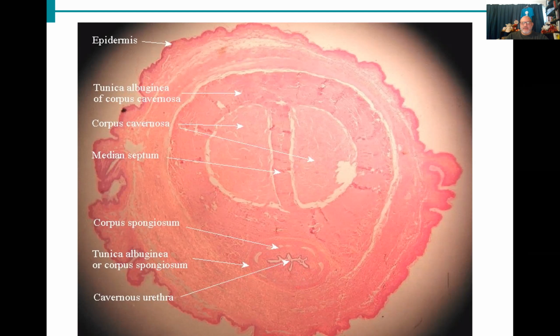And outside of that, we have that tunica albuginea, that is going to be that fibrous outer layer. Notice here we have the tunica albuginea, that fibrous collagenous skeleton that contains the erectile tissue. So as that erectile tissue expands, it pushes against that fibrous skeleton, giving it its rigidity.